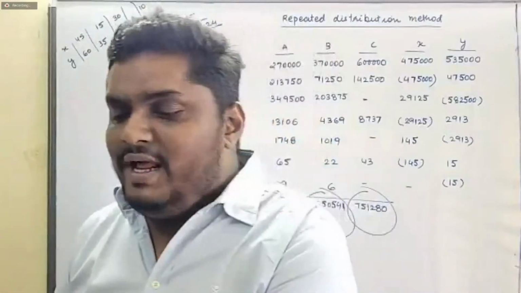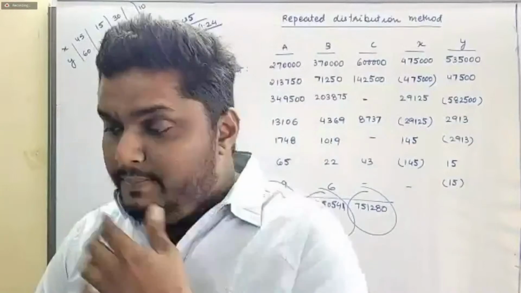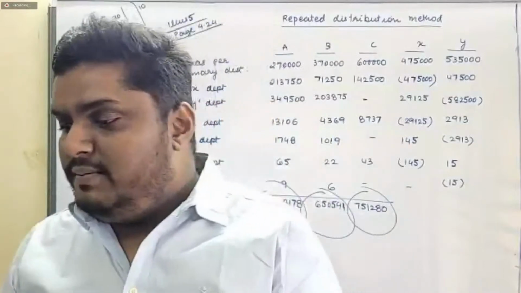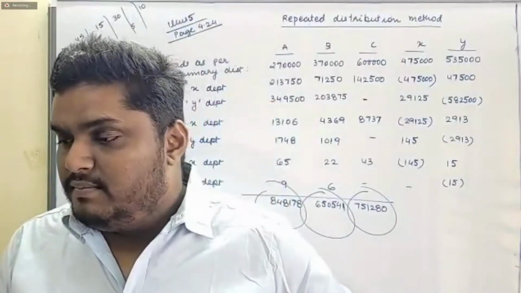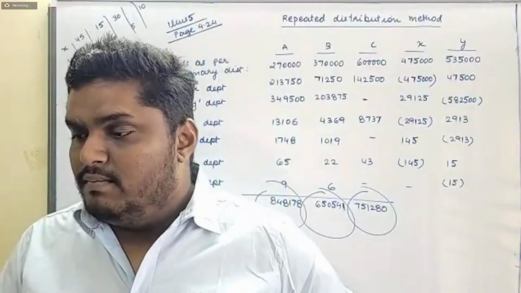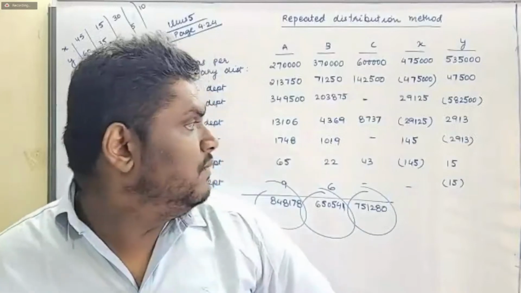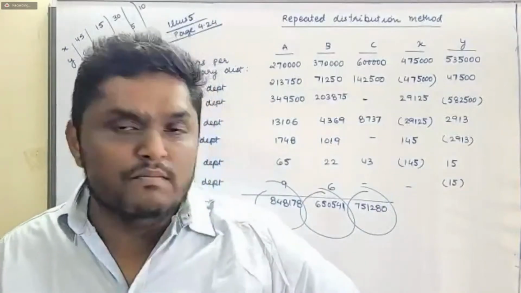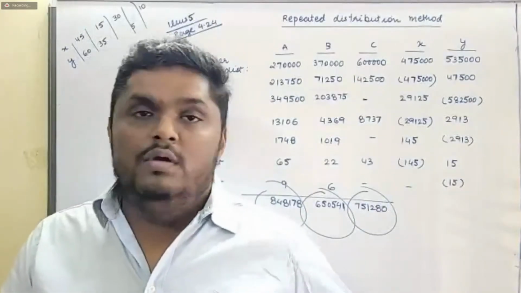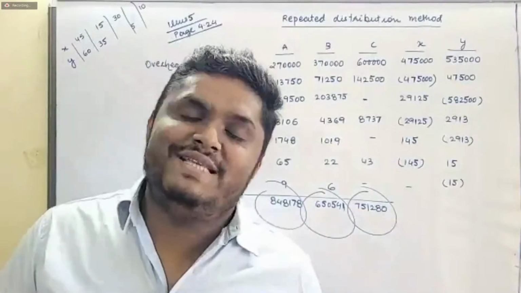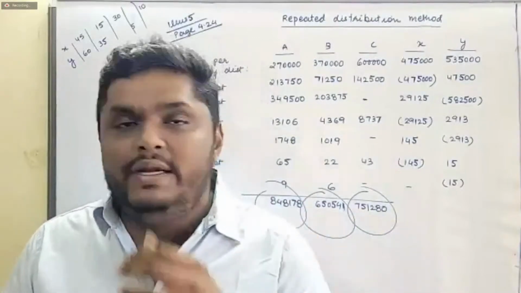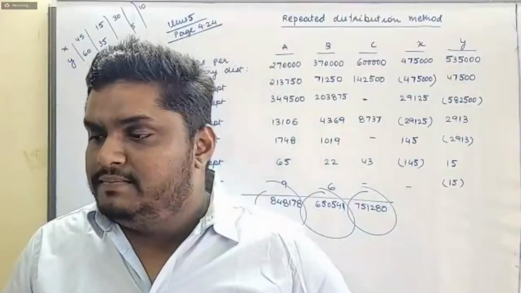If you guys have any doubts in repetitive distribution method, you can ask me. The examiner also understands a little rounding off difference. So guys, no need to panic and no need to worry.